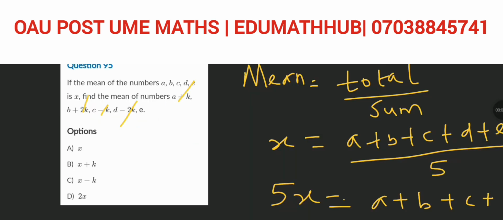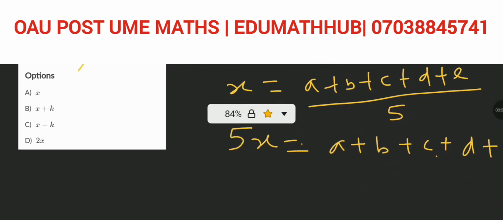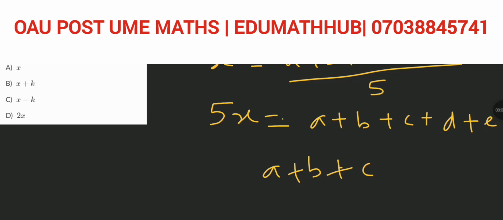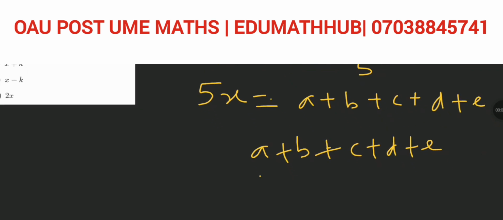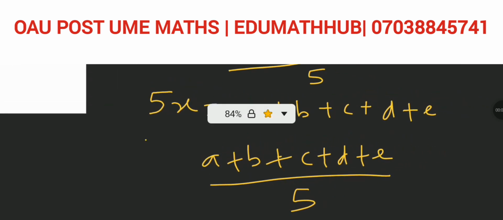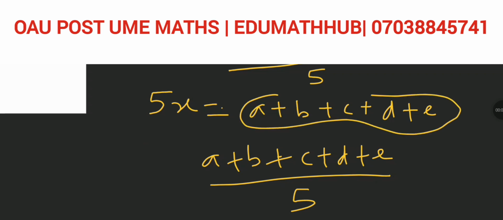Okay? So the mean of all those numbers will now be a plus b plus c plus d plus e. I've cancelled out all the k's. Then there are also 5 in number. But our original value, you can see that from here, everything here is 5x.